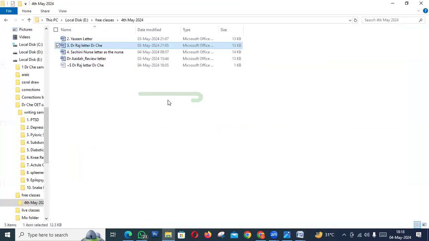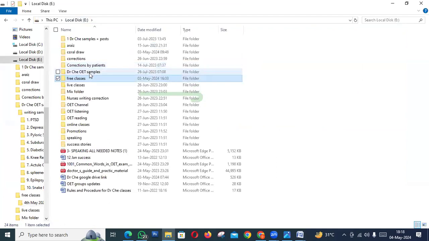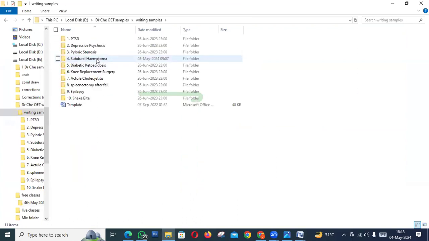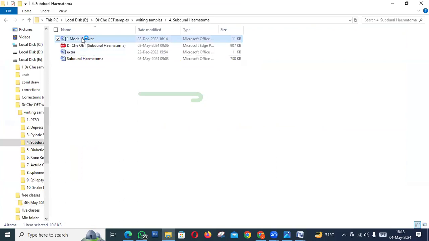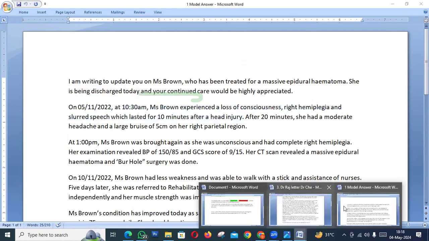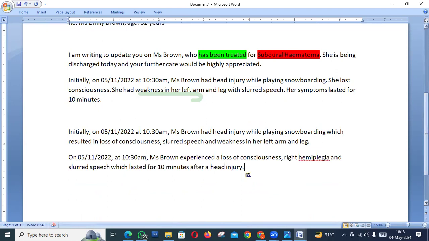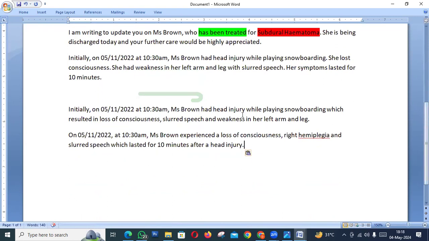Okay, now let me see what I have written in the model answer. You can see instead of weakness in right arm and leg, I'm using right hemiplegia.